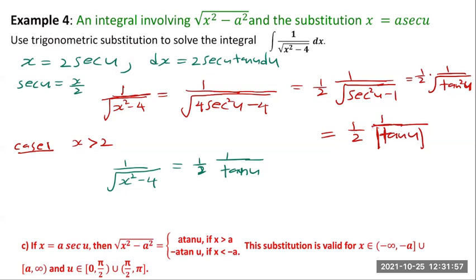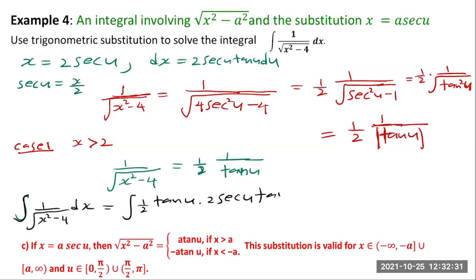Okay, all right. Now let's do the integration for case 1. So now I'm going to go with my integration. The integral of 1 over square root of x squared minus 4 dx is equal to the integral of 1/2 times tan u, du is 2 secant u tan u du.